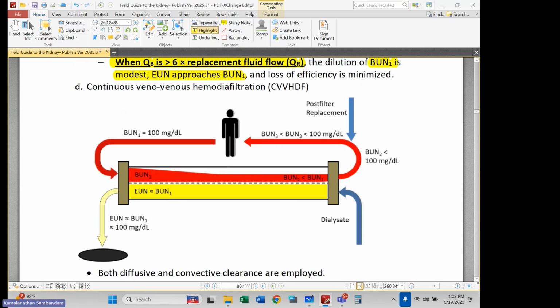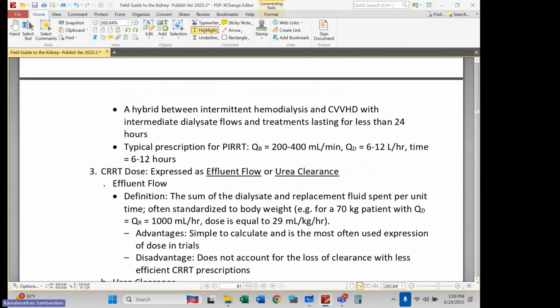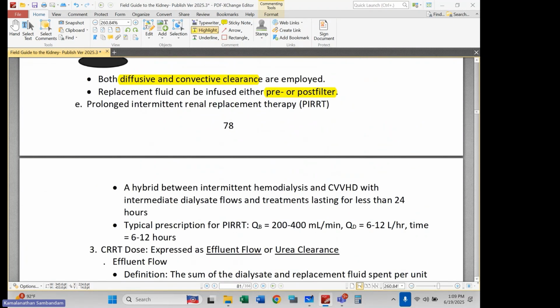Finally, hemodiafiltration is obviously the combination of dialysis plus replacement fluid flow rates. I get both diffusion and convective clearance, and you can do pre or post filter replacement fluid flow rates. There's a hybrid modality that is called prolonged intermittent renal replacement therapy.